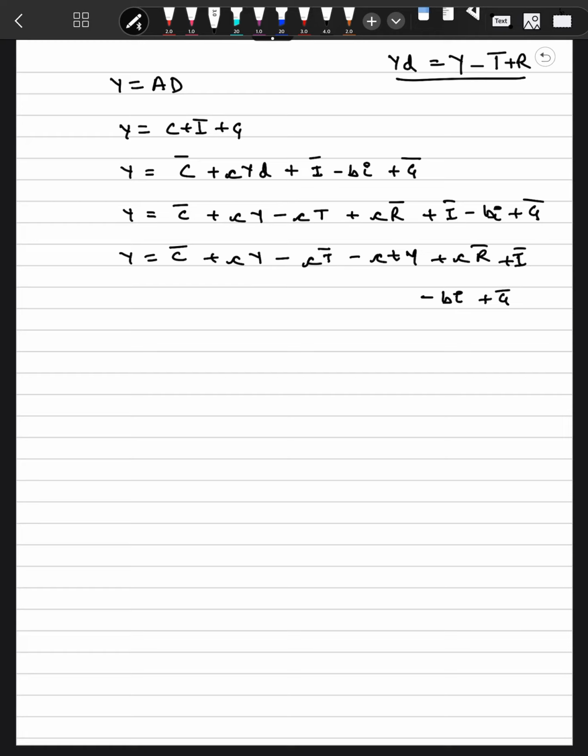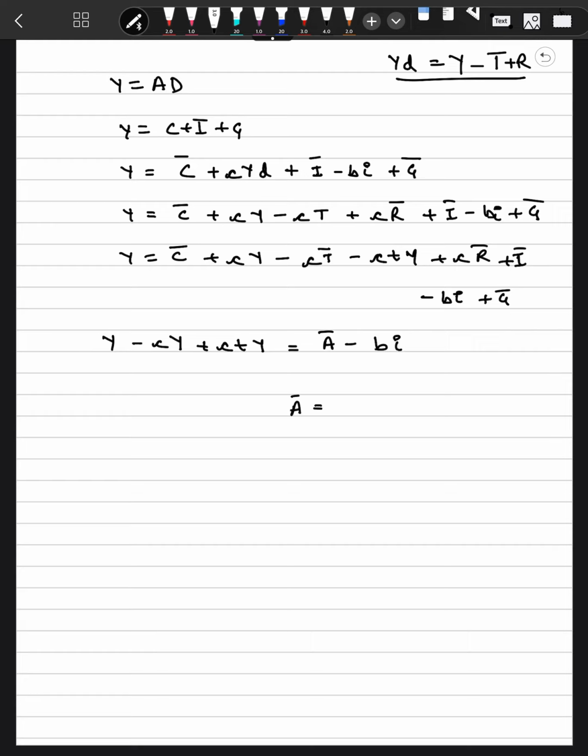So now all our variables are clearly in front of us. So now we are going to say that all the autonomous components are on one side and all the induced components, that is the changes with respect to income, are on one side. So Y minus cY plus ctY will be equal to A bar minus bi. Now what is this A bar?